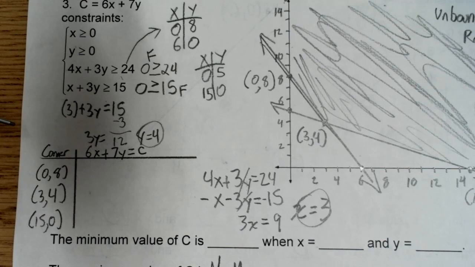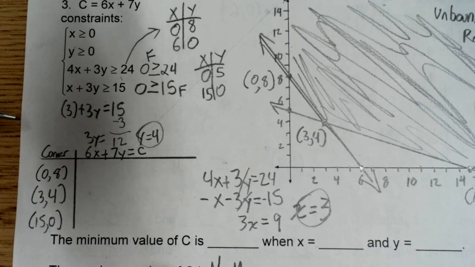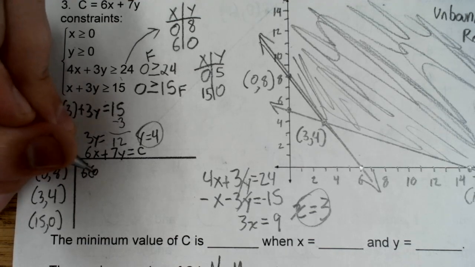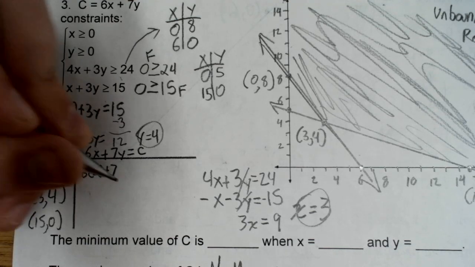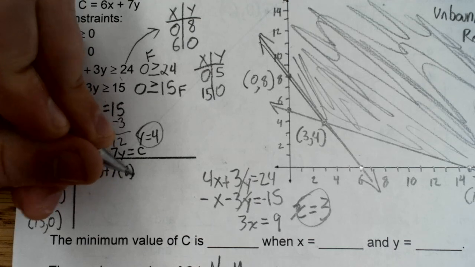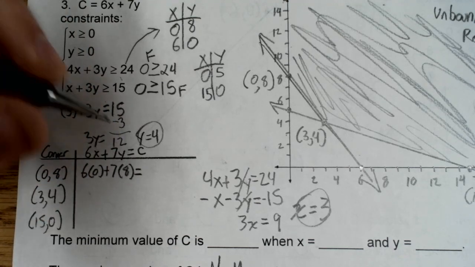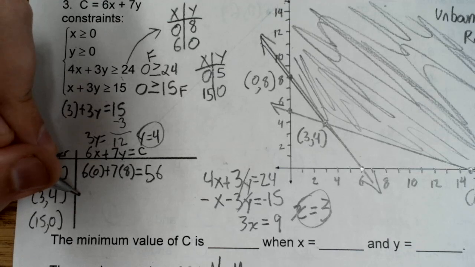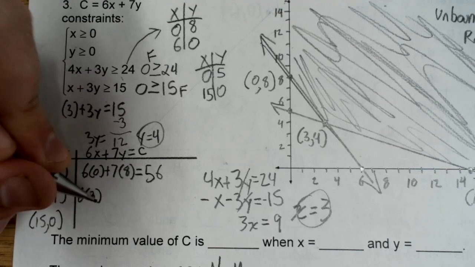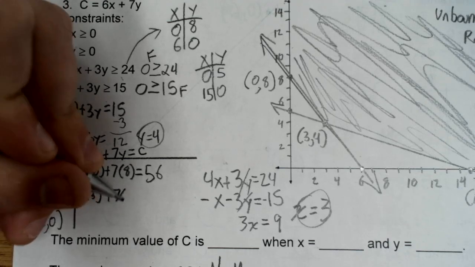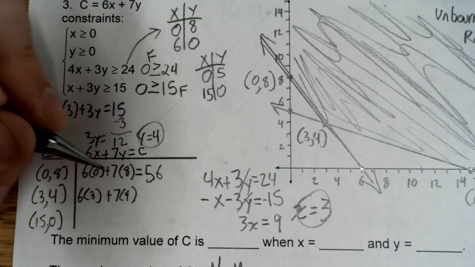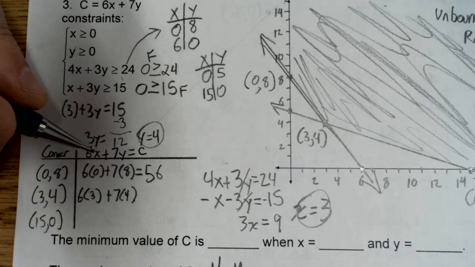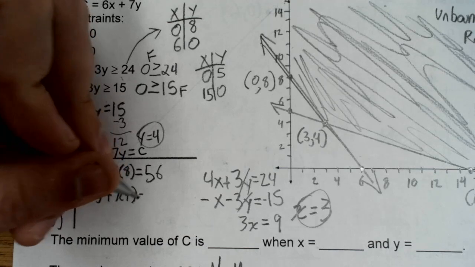Remember, I have no maximum, so I'm just looking for the smallest number I can get. So 6 times 0 plus 7 times 8: nothing plus 7 times 8 would be 56. Then 6 times 3 plus 7 times 4 gives me 18 plus 28, which is 46.